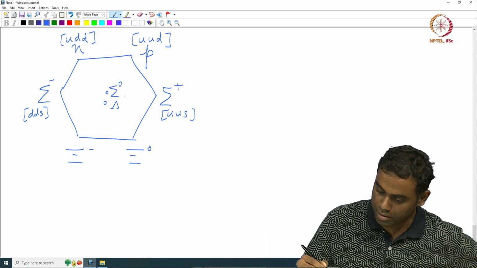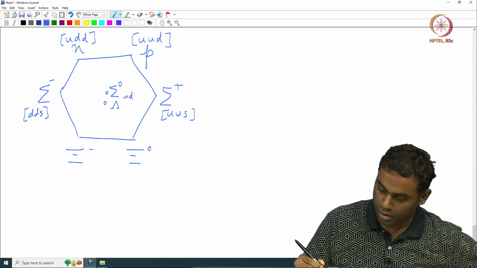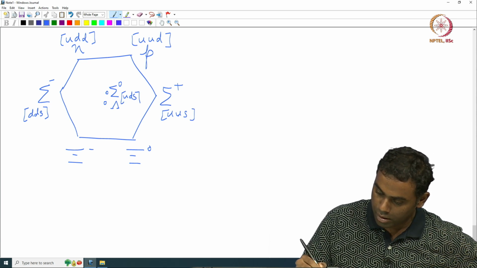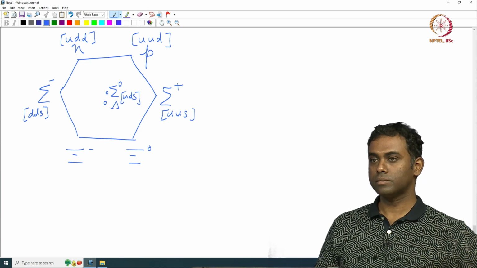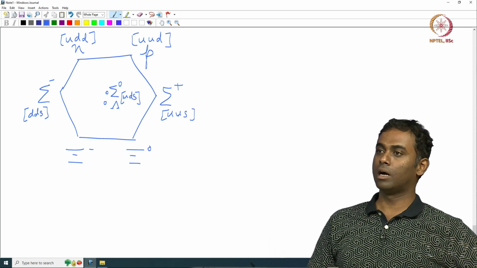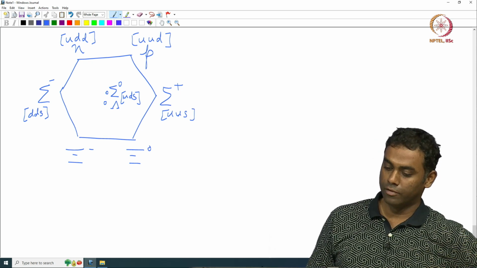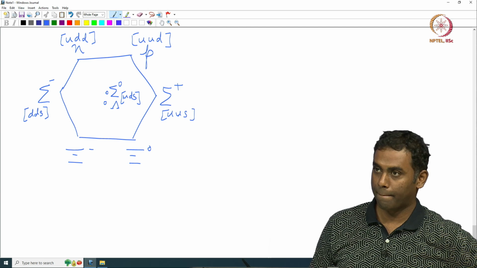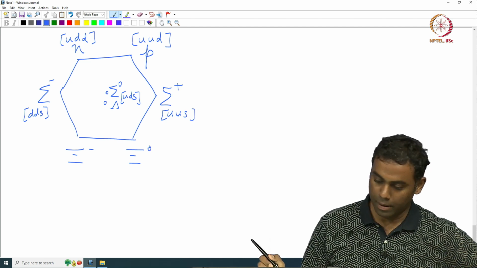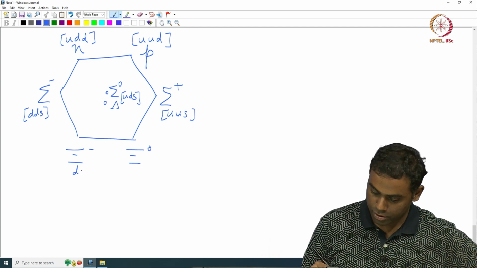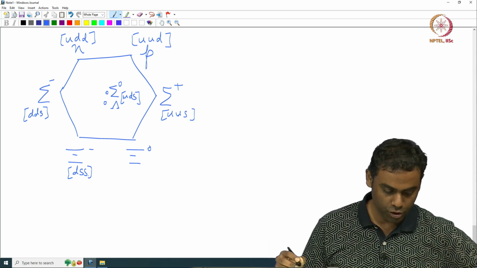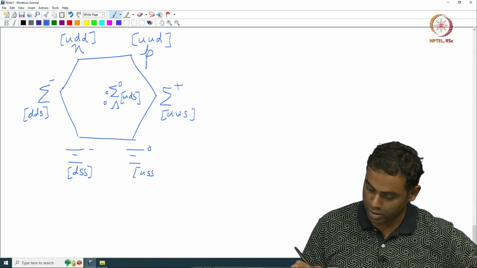Both of them are UDS actually. They only differ by whether they are symmetric or antisymmetric under flavor exchange when you write them as a quantum state. Did I write everything? Yeah. So, this is DSS. You can already start seeing a pattern, right, when I put it this way.